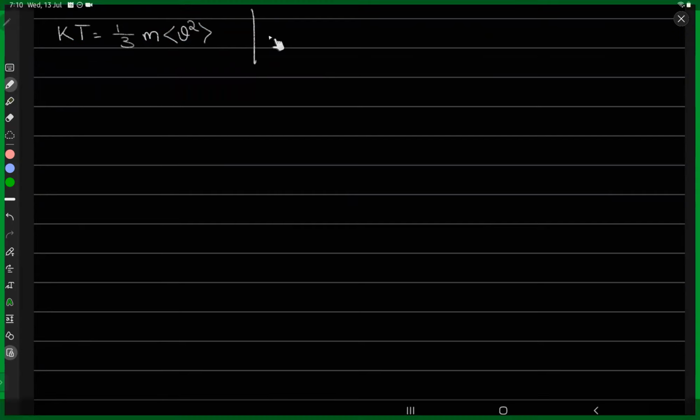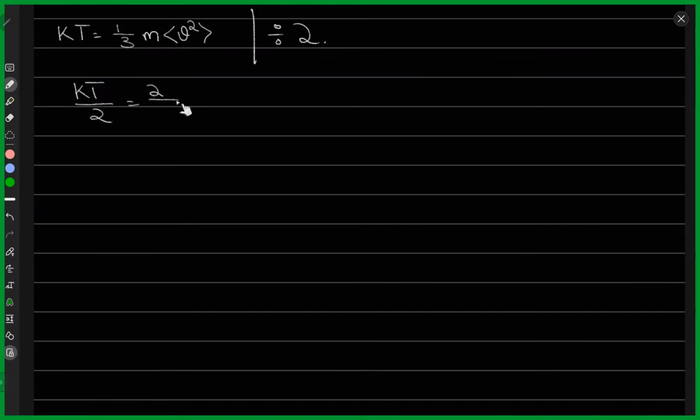So I'm dividing this expression by 2, and this becomes KT by 2 is equal to 2 by 3 mv squared. It's still almost similar to half mv squared, so just take some things over there. This becomes 3 by 2 KT is equal to half mv squared.